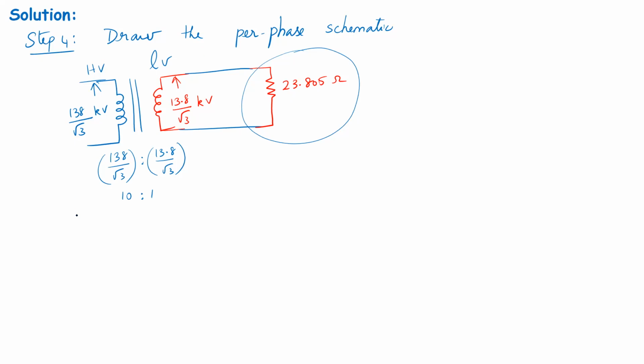So the last step, step 5, is transfer the load resistance per phase. So per phase load resistance to the HV side.